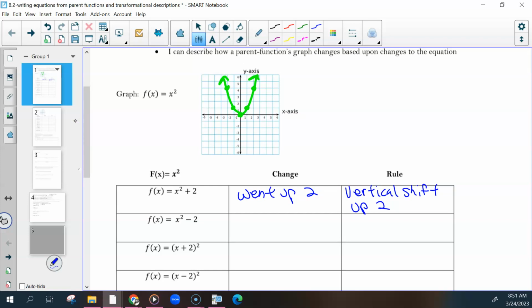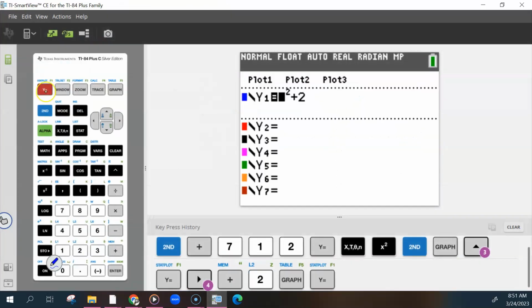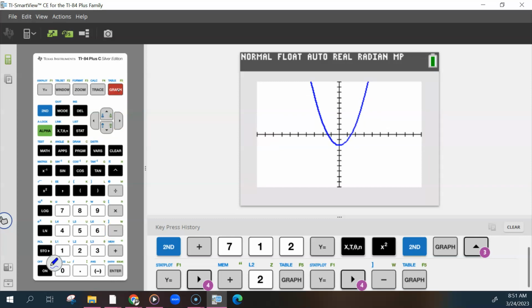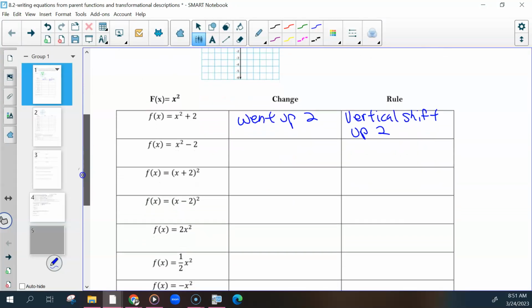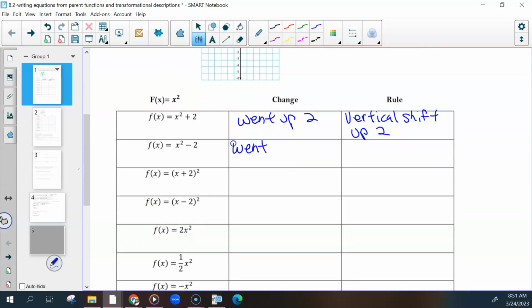Most likely. Put it in your calculator, graph it, just to make sure. So it did go down 2. So then it would be the opposite, vertical shift down 2.